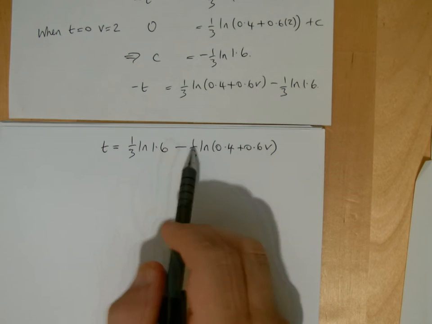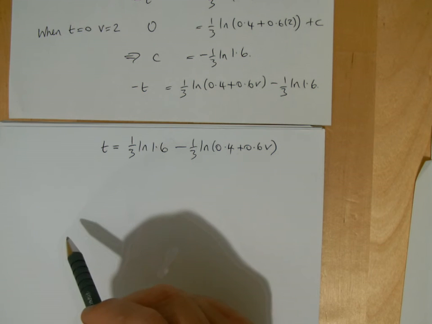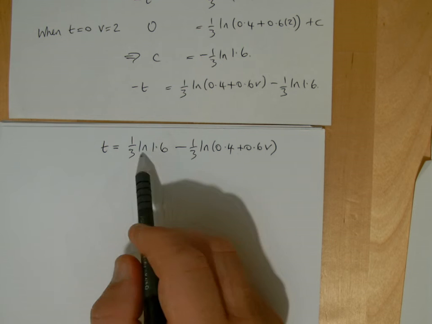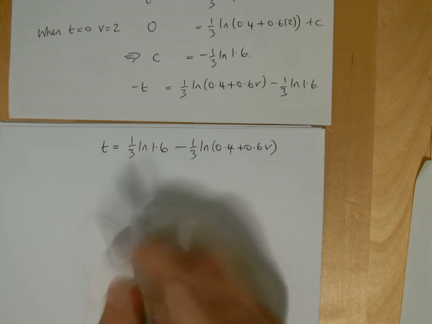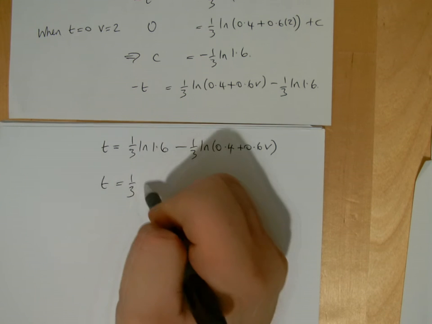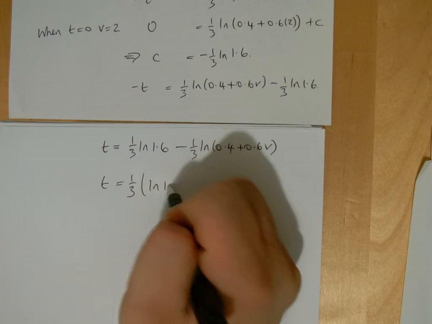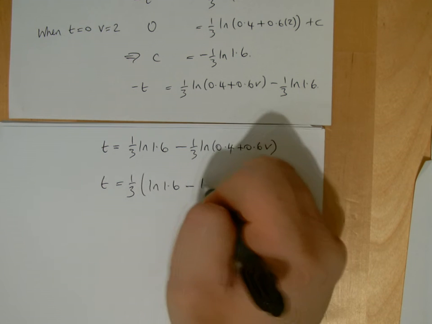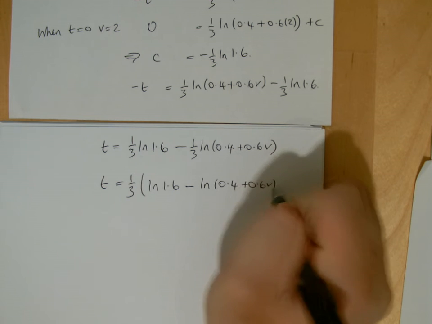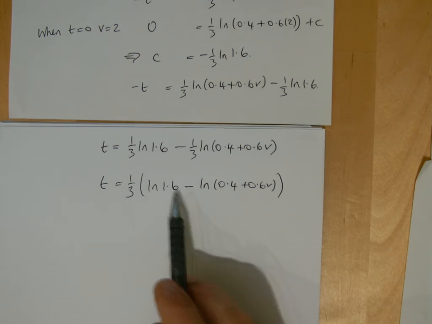Now you're taking them away, and there's a third in front of both of them. So I can factorize that third and write ln 1.6 take away ln 0.4 plus 0.6v. We've got to think back to the rules of logarithms.